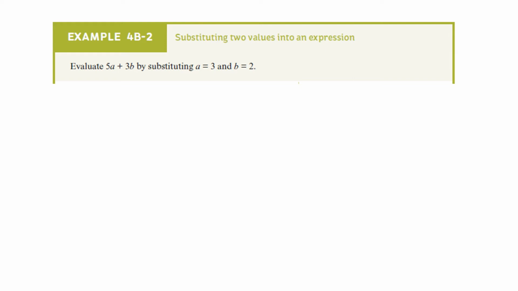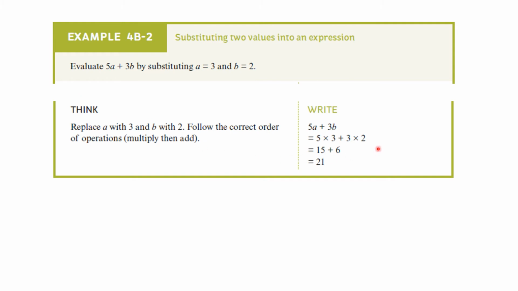Now we're looking at substituting two values. So I have an expression 5a plus 3b, and we're going to replace a with the number 3 and b with the number 2. So again, 5 with the a stuck together means times.